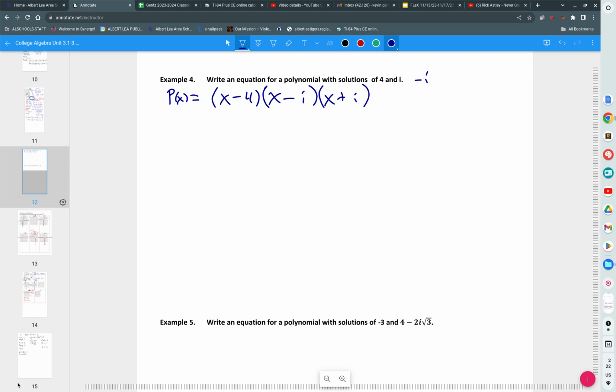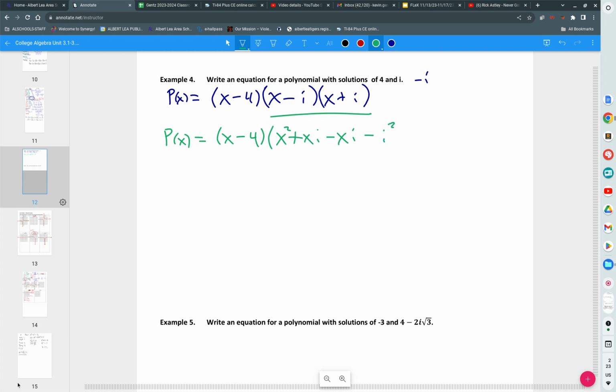So let's go ahead and multiply these out, okay? We get p of x is equal to x minus 4 times, we have an x squared, we have a positive xi, we have a negative xi, and then negative i times i.